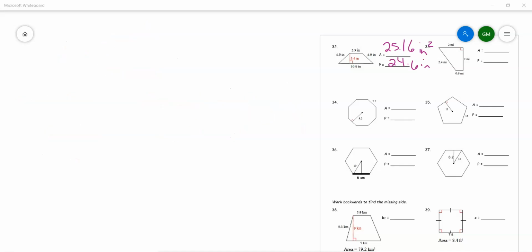All right, number 33 is a right trapezoid. First, let's find the perimeter. We have 0.6 plus 2.4 plus 2 plus 2. You can see that, yes, two sides are congruent, but they are not opposite sides, so it is not an isosceles trapezoid. It's only isosceles if opposite sides that are not parallel are congruent.